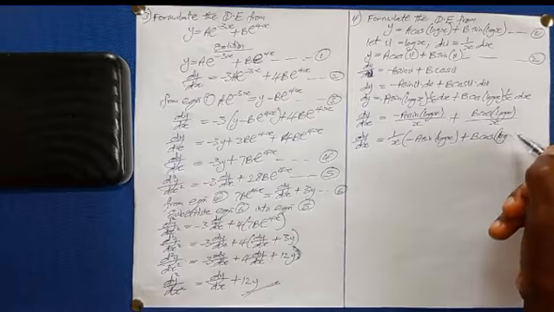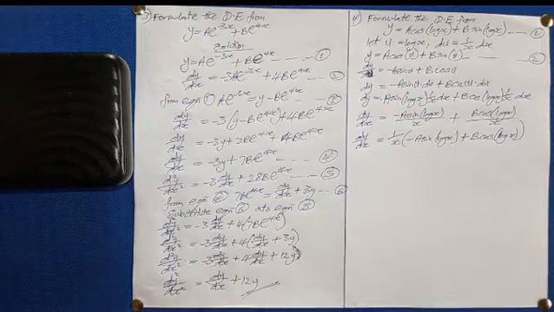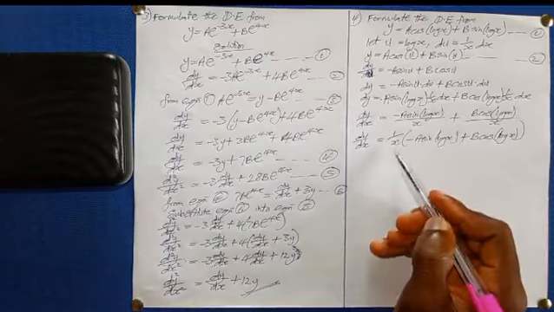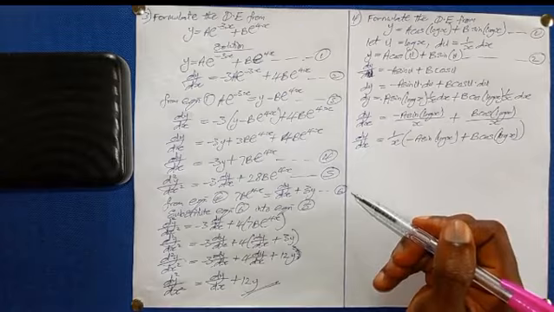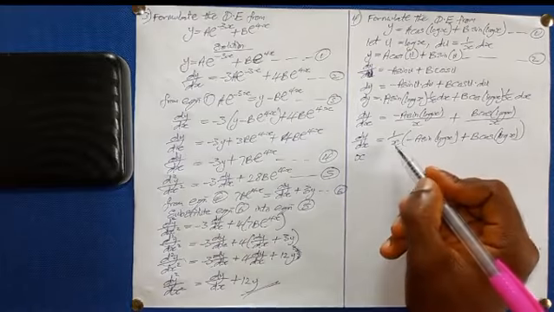It's not tan, no, it's log x. Then it grows the bigger bracket. You see, this was the same thing that we had here. So we have to bring this x aside for a clearer understanding.